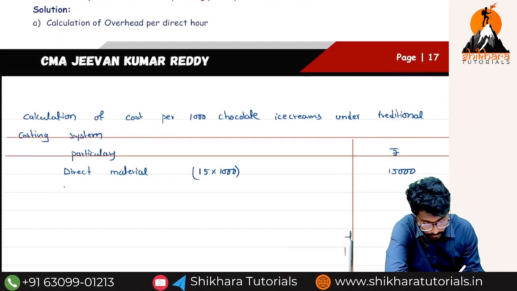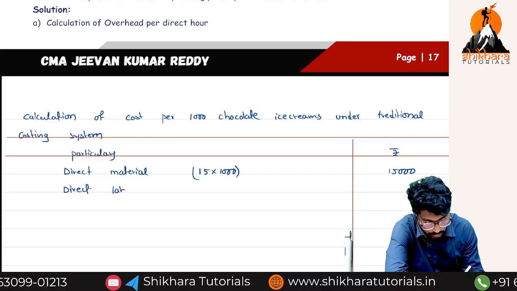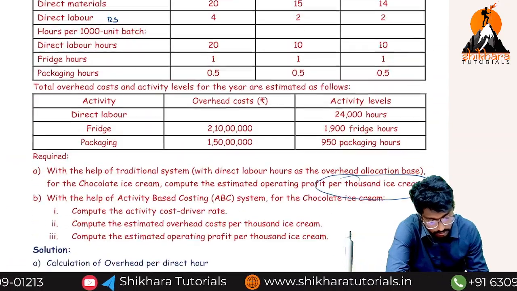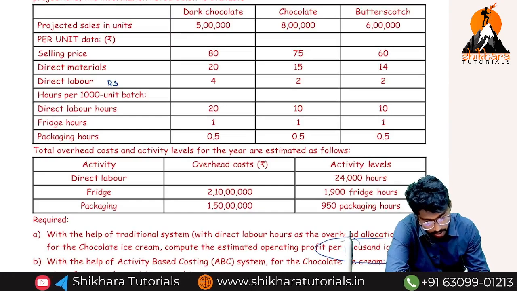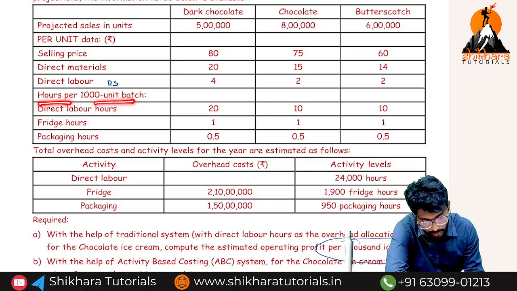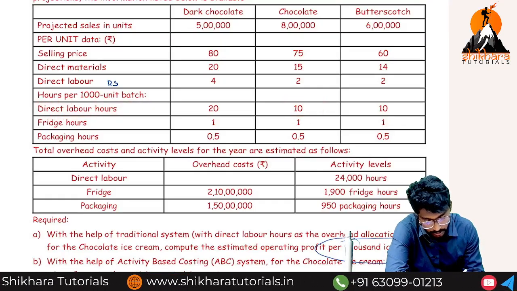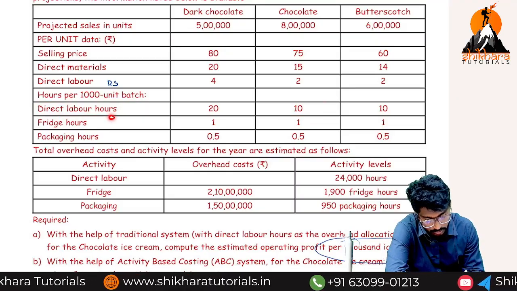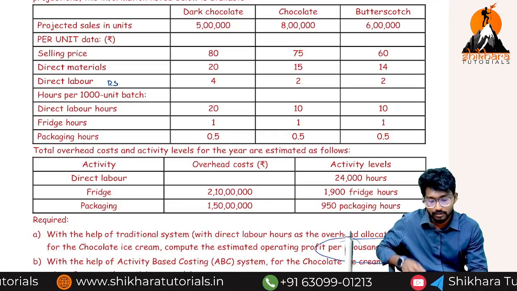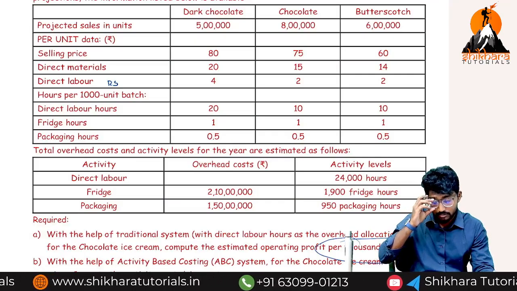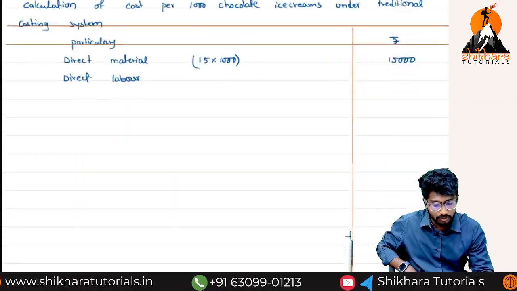Next, direct labor hours per 1000 unit batch. Okay, sorry, this is per unit.